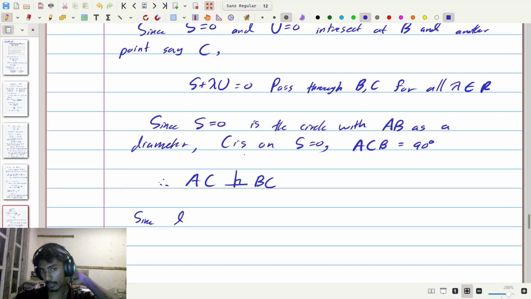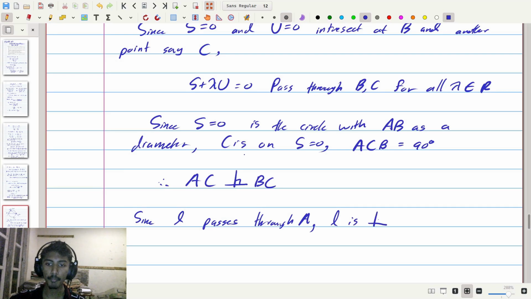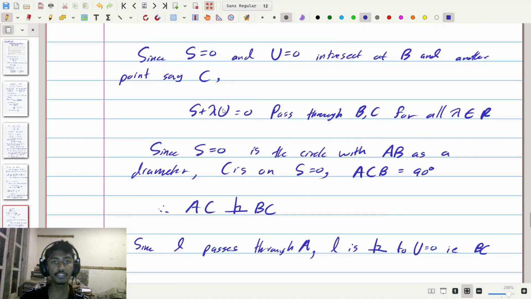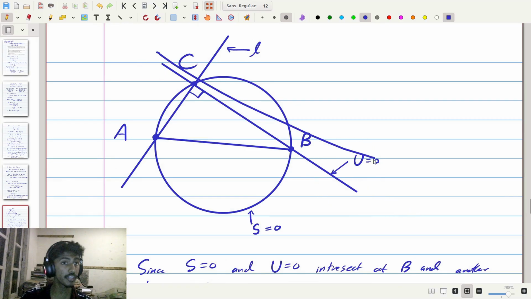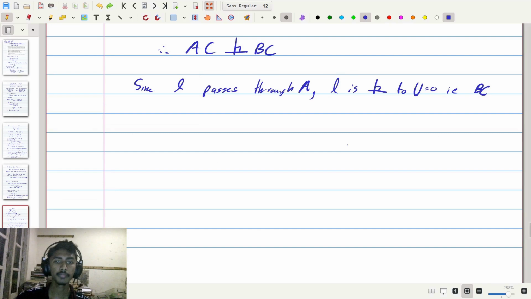Since L passes through A, and L is perpendicular to u equals 0, i.e. BC, since u equals 0 and BC are the same line, therefore L is the AC line.